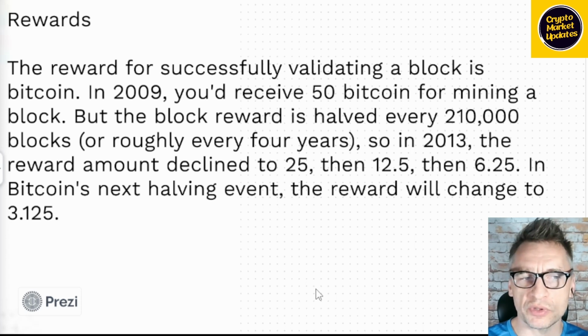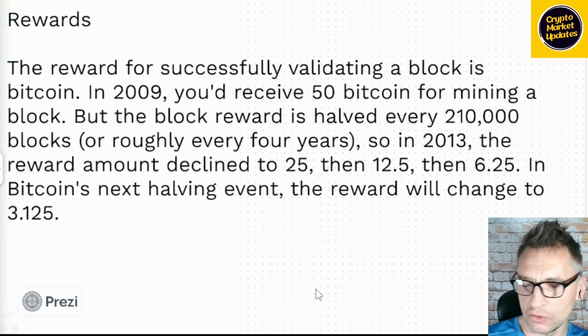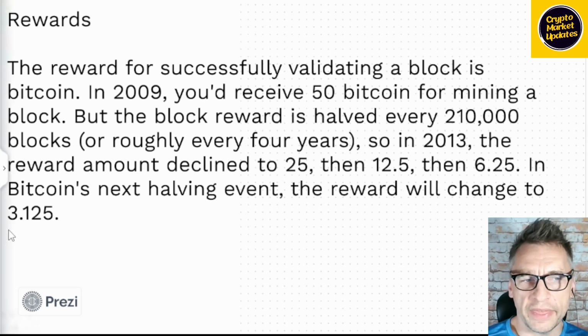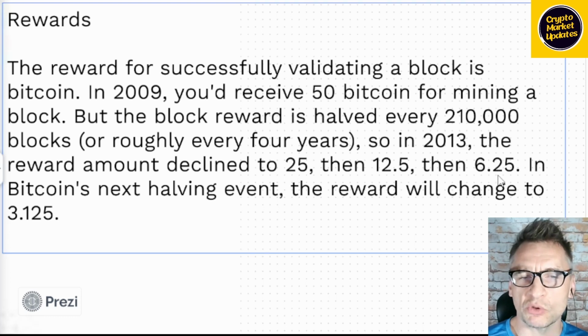So in order to produce more Bitcoins, the computational power will have to be increased. Also, the difficulty of mining the blocks increases, which makes it even more difficult. So that's what creates value, and this is why the price of Bitcoin goes up, because there are fewer Bitcoins being produced over time.